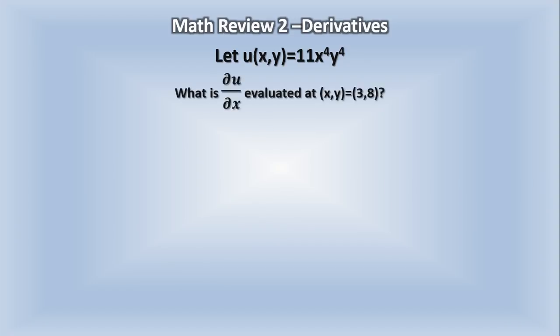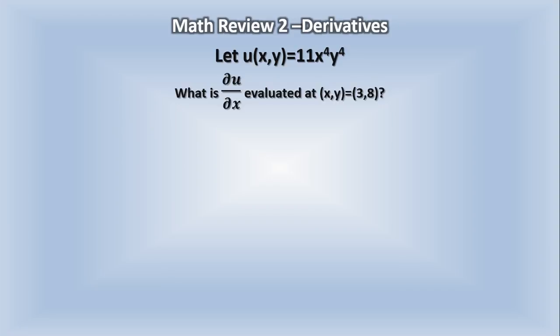All right, so let's take the partial derivative of this with respect to x. So when you're taking the partial derivative of a function with respect to a variable and there's more than one variable in there, the other variable you just treat as a constant. Imagine it's just a number and treat it as you would any constant when you're taking a derivative, right? The derivative of a constant times a function is the constant times the derivative, right?